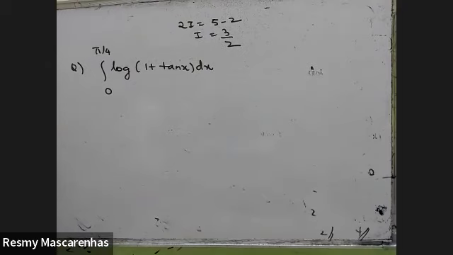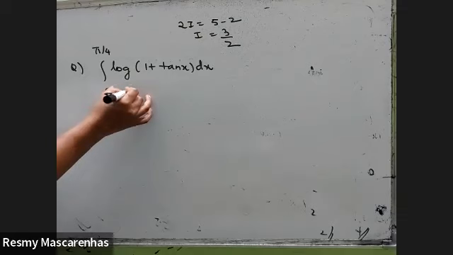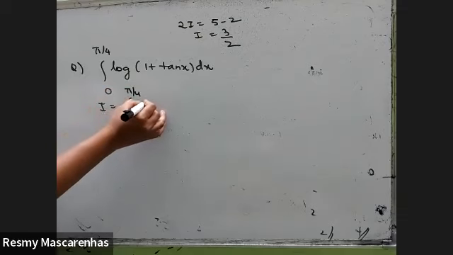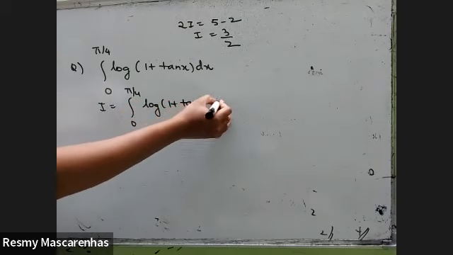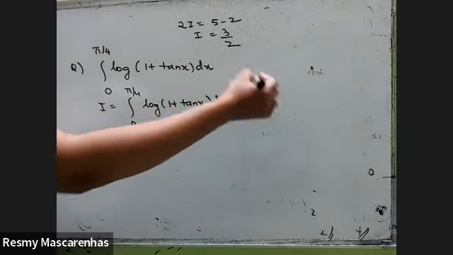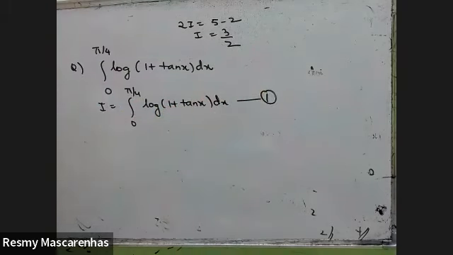So whatever is the question given, we'll take it as I. Now it is 0 to a.